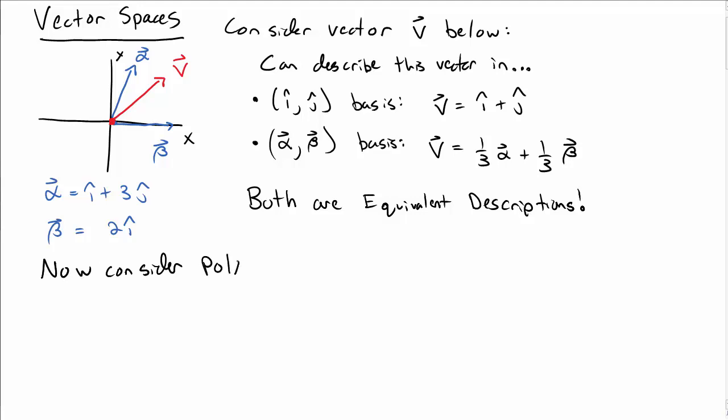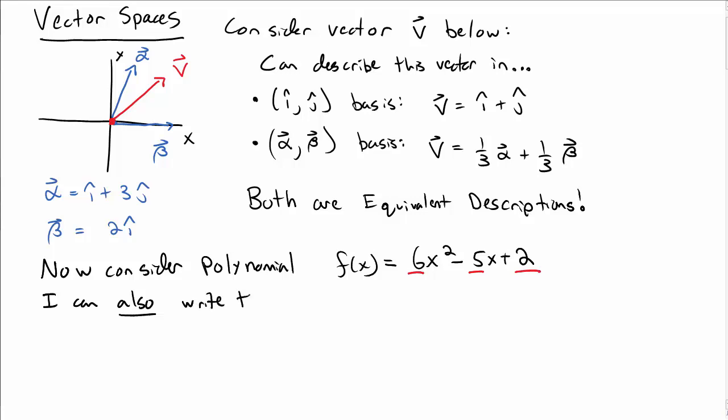Okay, so now consider something that's seemingly unrelated, namely the polynomial f of x is 6x squared minus 5x plus 2. Namely, I have 6 of the x squared, minus 5 of the x, and plus 2 of the constants. I can also write this polynomial in another way.